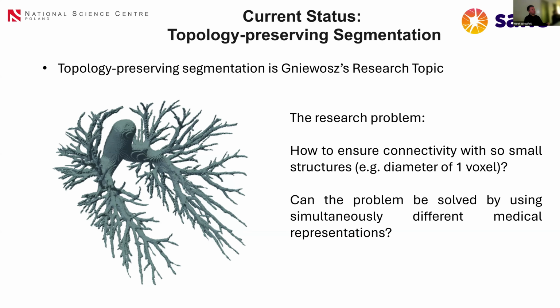So by simultaneously creating a mesh and a voxel grid, it may be useful to improve the connectivity of the final segmentation results. Eventually we also plan to evaluate all of this using fluid dynamics simulations to see how, for example, blood flow is preserved in the segmented structures. We are not going to rely purely on quantitative measures like Dice score or Hausdorff distance, because, as I mentioned, they are not useful in this context.